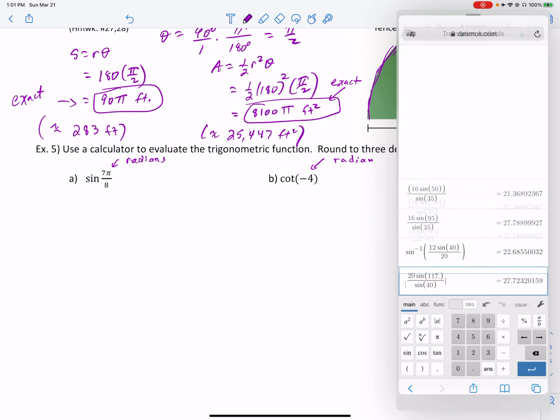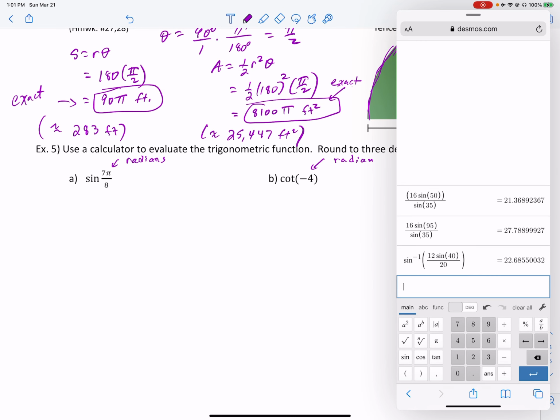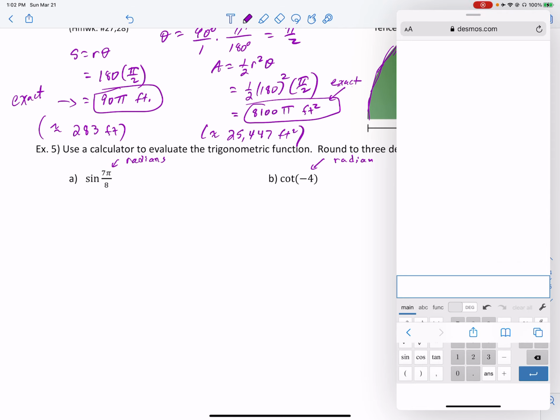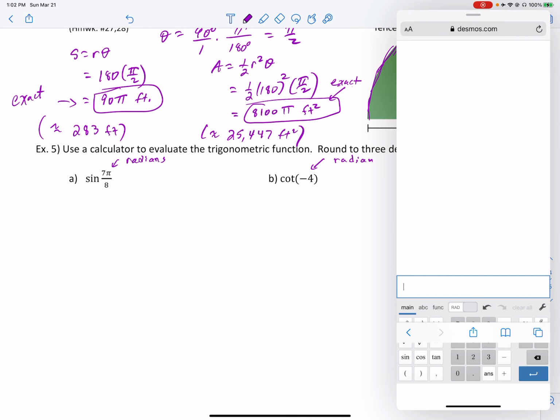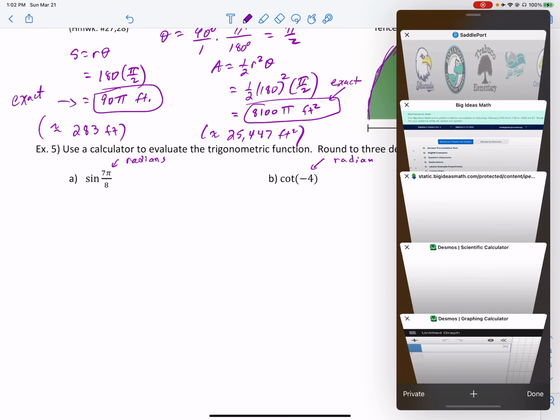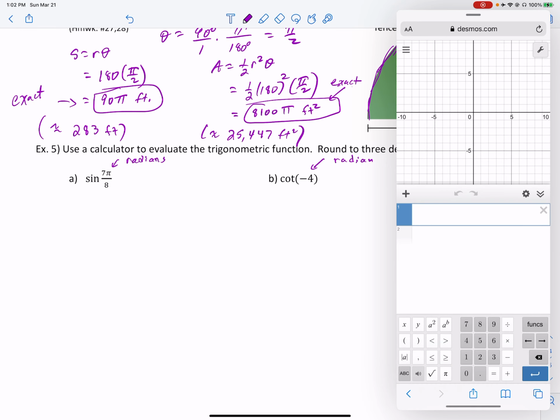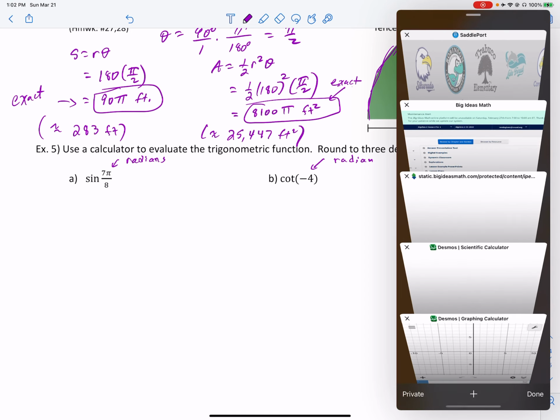And so with the calculator, I want the sine of 7 pi eighths. Well, right now, mine is in degrees. I need to tap this and get this in terms of radians. Okay, that's Desmos Scientific.